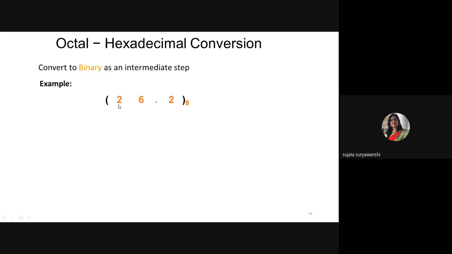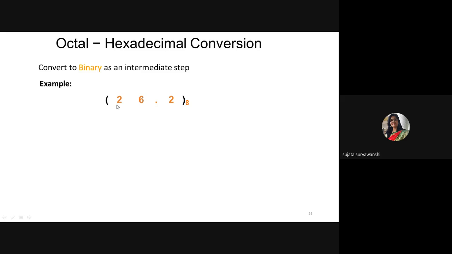So we need to write down the binary equivalent of the given octal digit in 3-digit form. So, yes, 010, very good. That's why you need to write here 2 as 010, because 10 is also right.